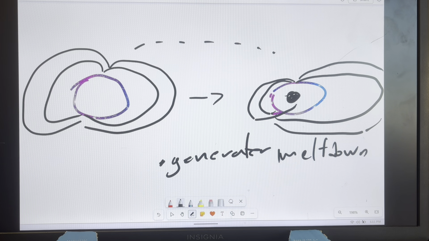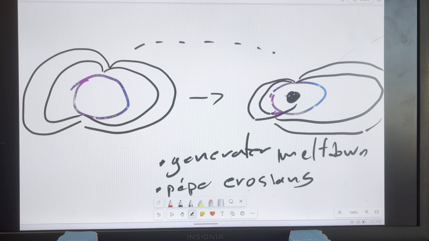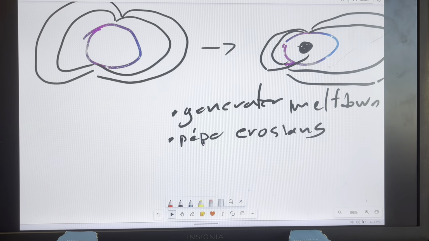and our pipe corrosion. Because what's happening is, we have these pipes that are going from Alaska all the way to North America.